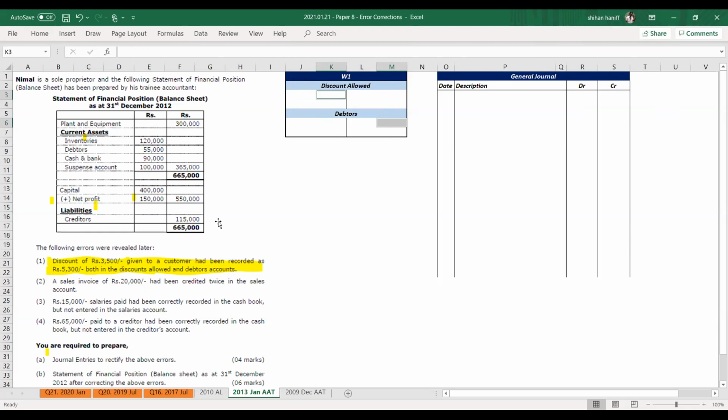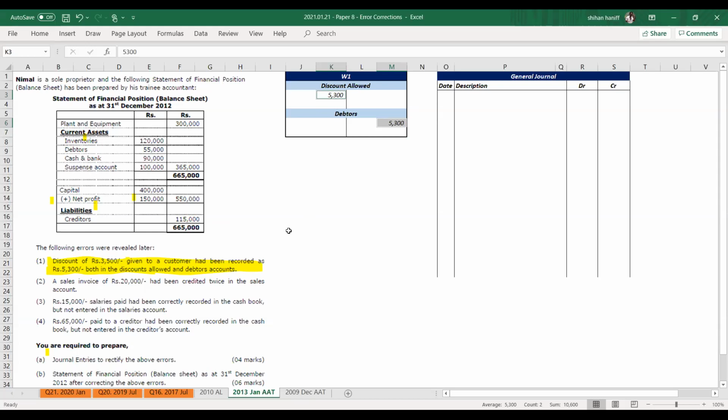So discount allowed 3,500 given to customer had been recorded as 5,300. So in both the accounts, it has been recorded as 5,300: 5,300 debited and 5,300 credited.